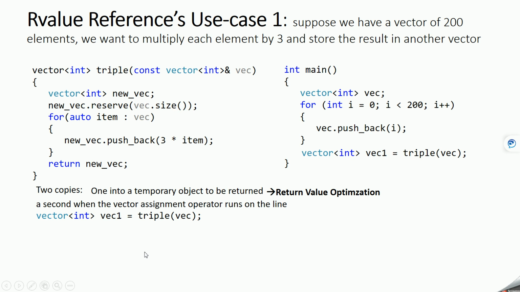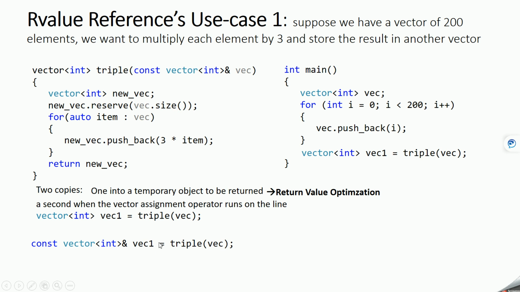Another solution could be to use a const reference variable. In this case there will be no extra memory allocation and no extra copy. This vector will directly point to the vector that has been returned, so there will be no copying over here.